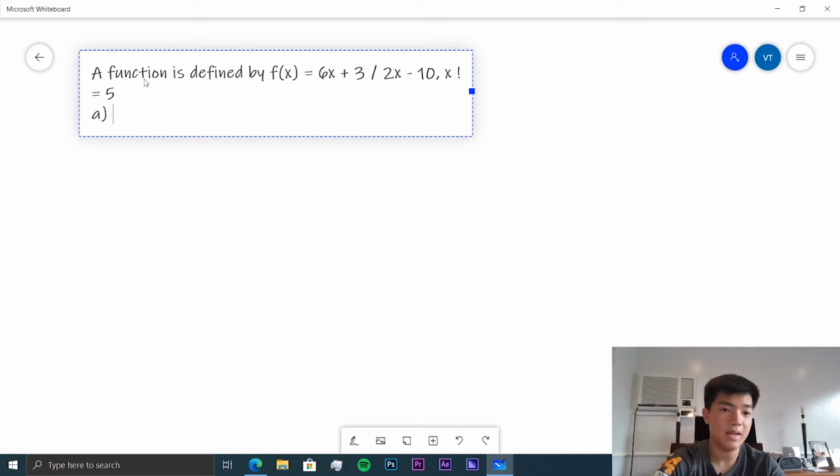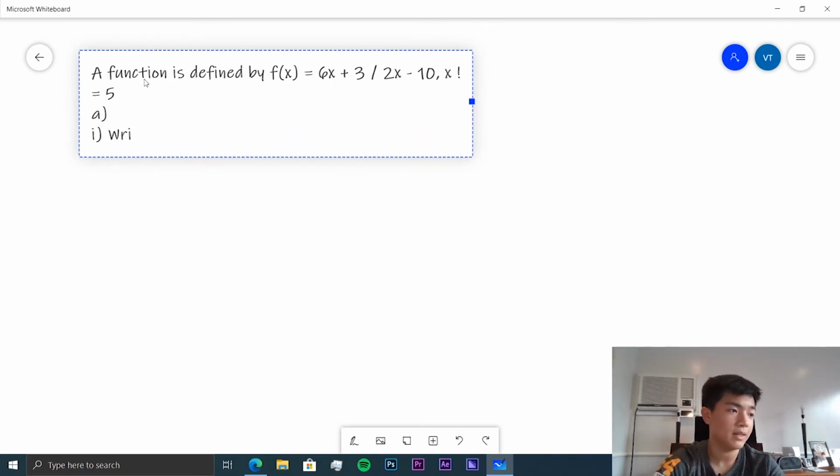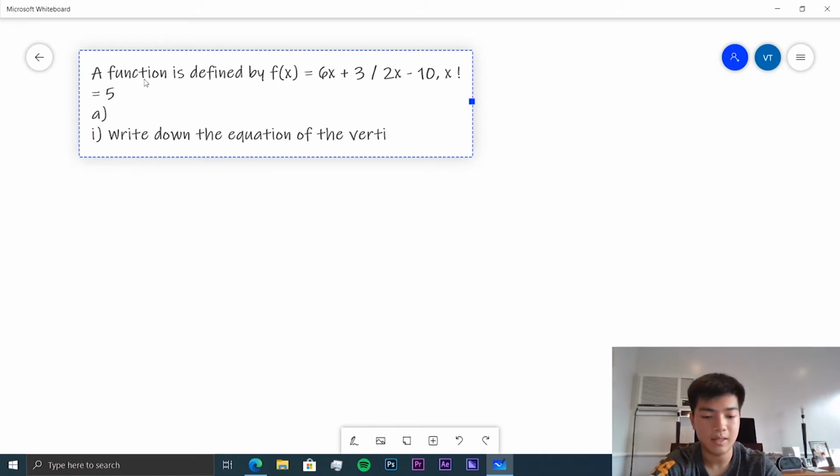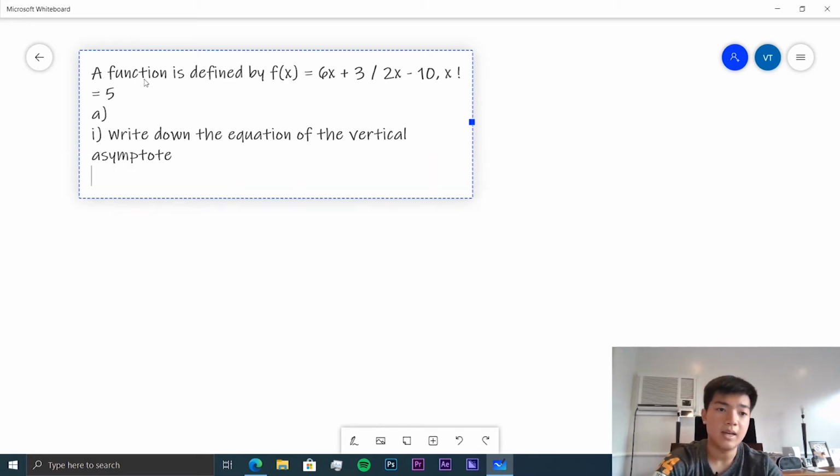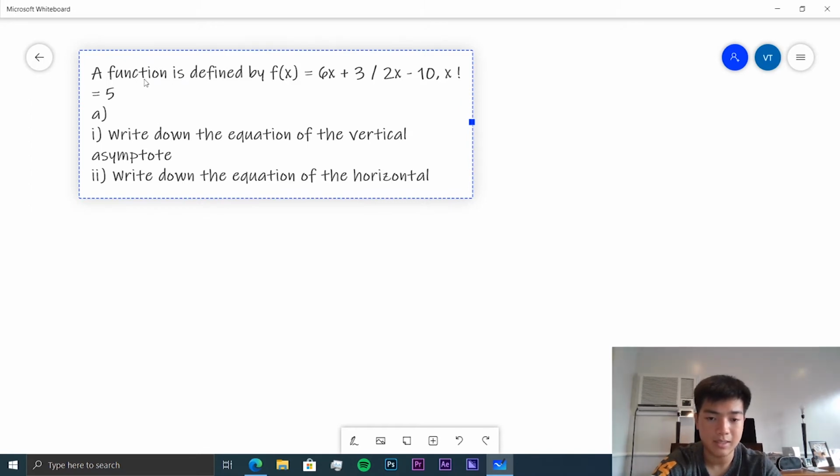So first, (a) write down the equation of the vertical asymptote, and next write down the equation of the horizontal asymptote.